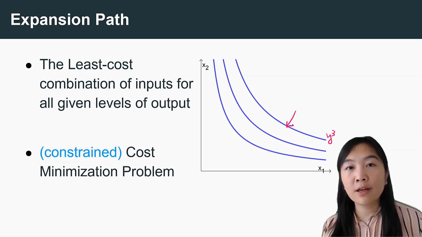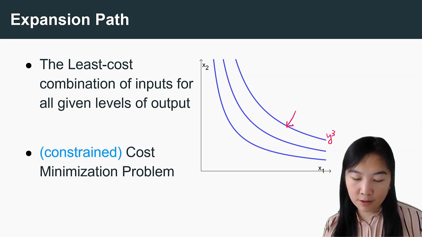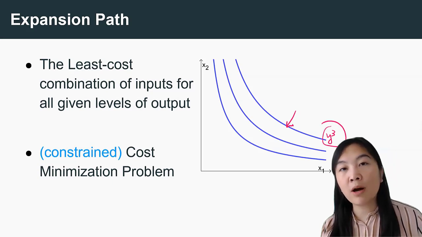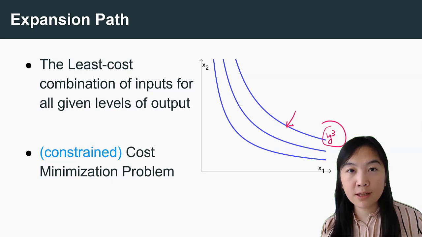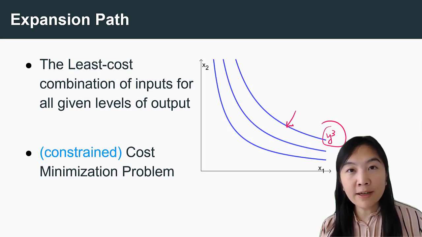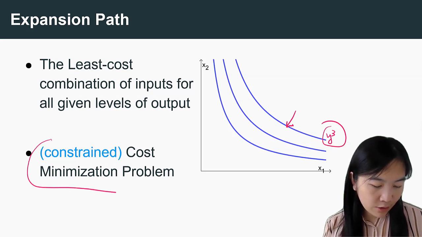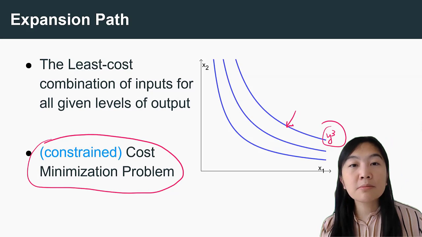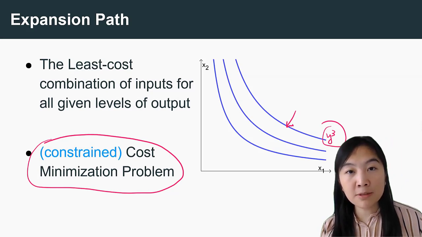So the producer is trying to find a combination of inputs that will have the lowest cost, while at the same time producing the required Y3 level of output. When we try to find that input combination, we are actually solving a constrained cost minimization problem.